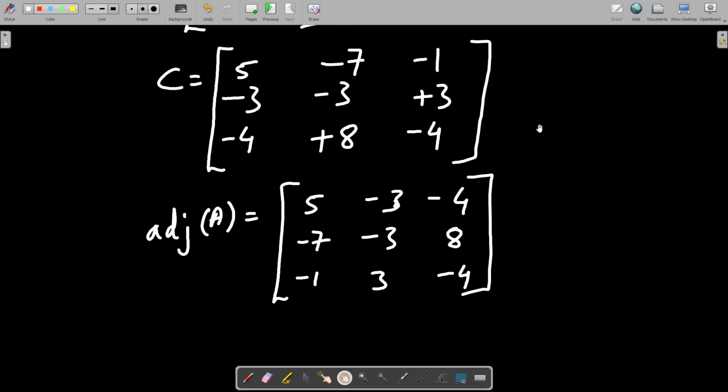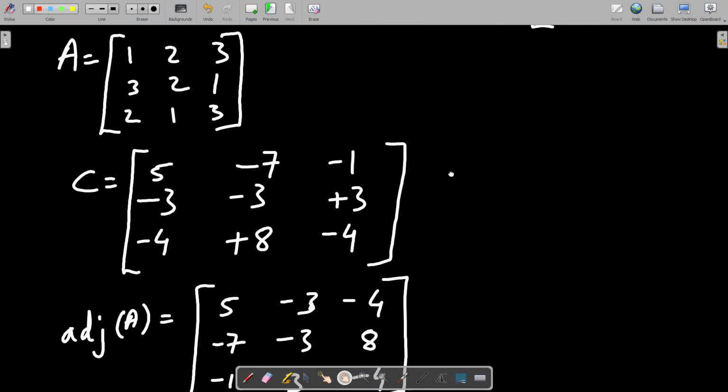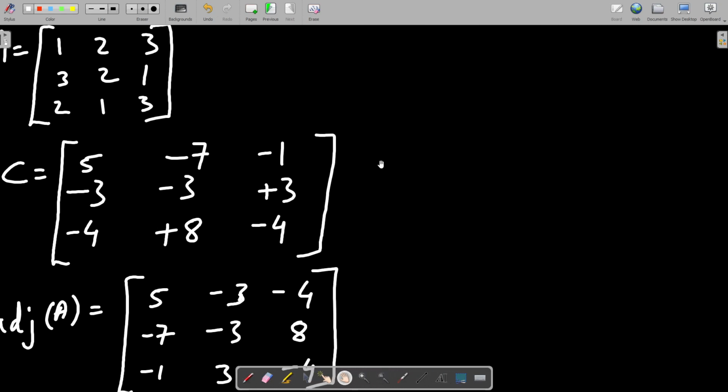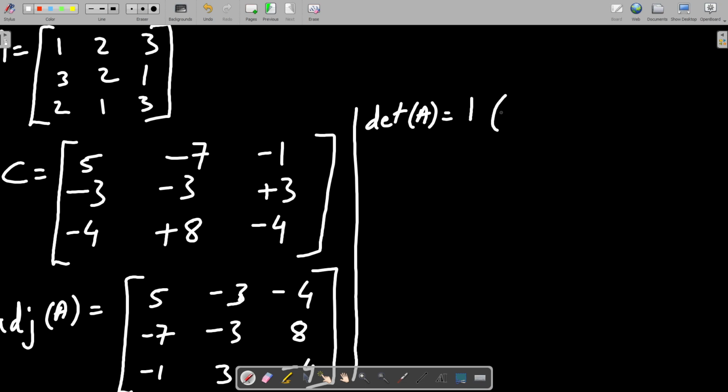Yeah, so what is the determinant of this? We also have to calculate the determinant of this matrix. What is going to be the determinant of A now? Let us calculate 1 into 2 into 3.